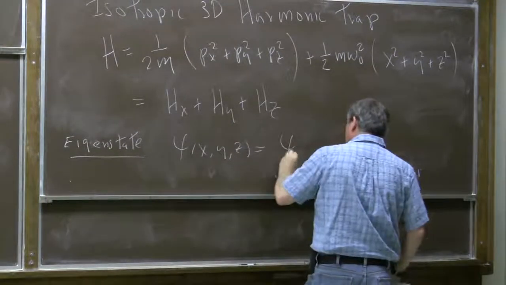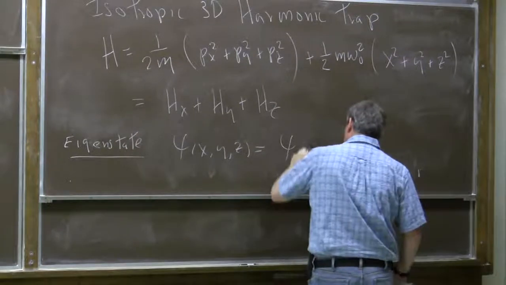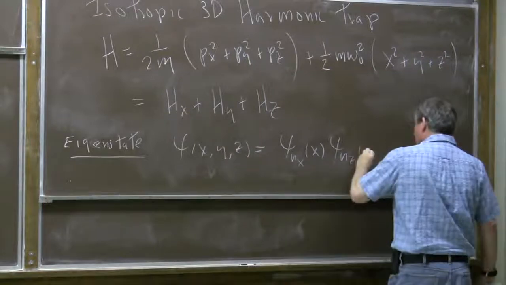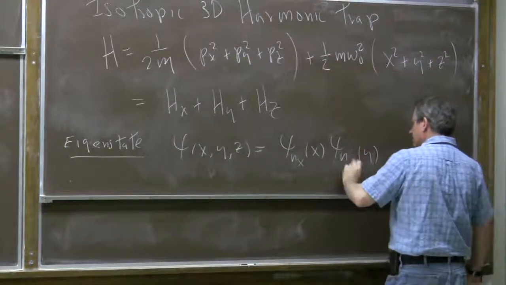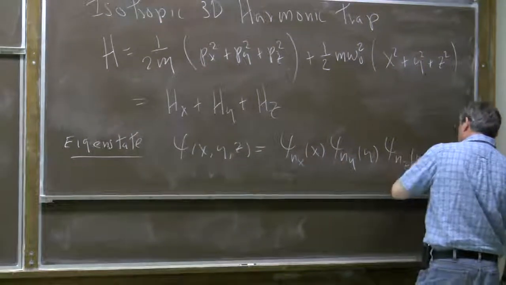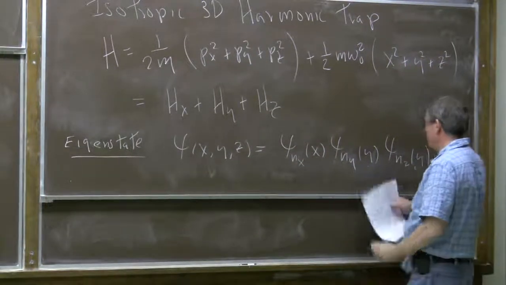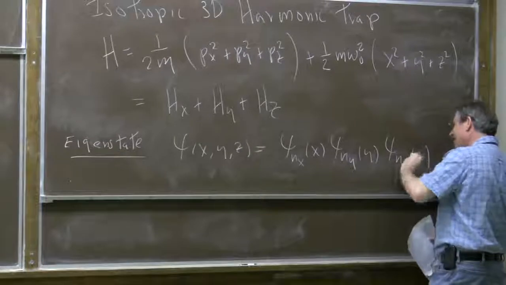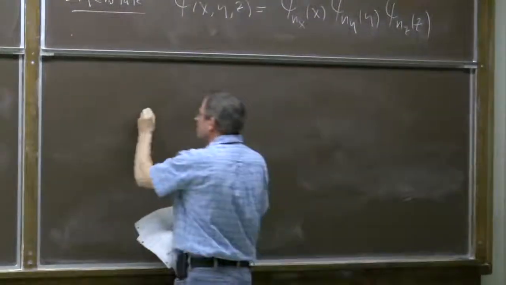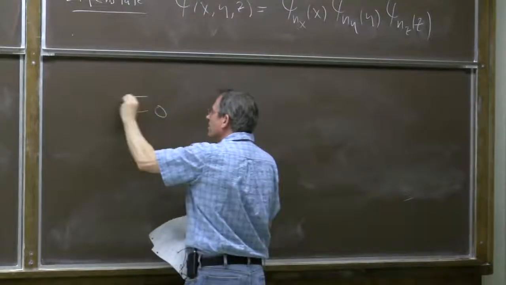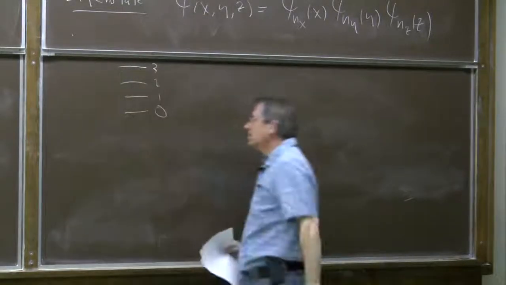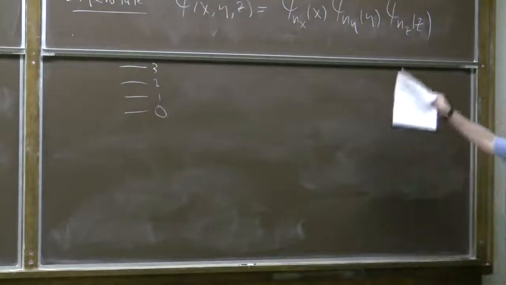And the eigenstate of the oscillator governing the motion in the x, y, or z direction is determined by an integer, which tells me how excited the oscillator is relative to its ground state. And there's a ground state, and then there are equally spaced excited states for the motion in the x, y, and z direction.